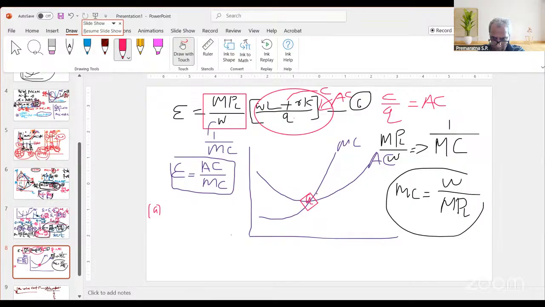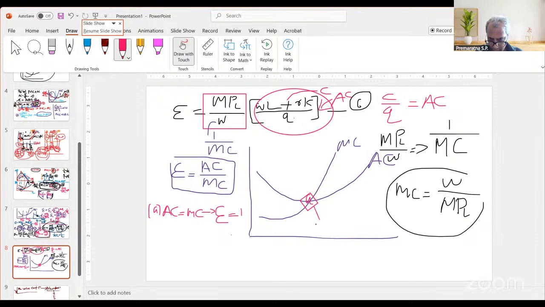That is the minimum efficient scale, or second stage, or constant return to scale point. Since the average cost equals marginal cost, the output elasticity becomes equal to 1.